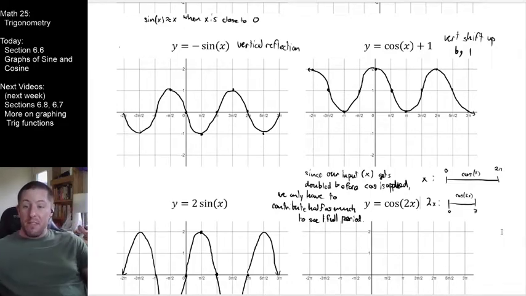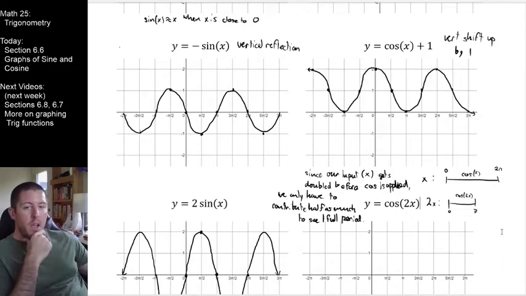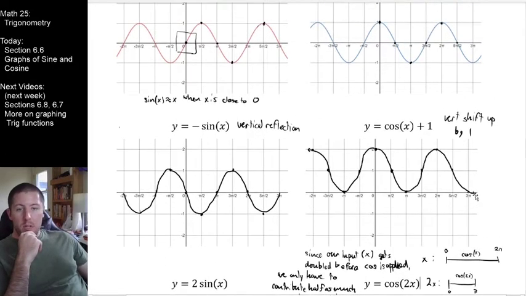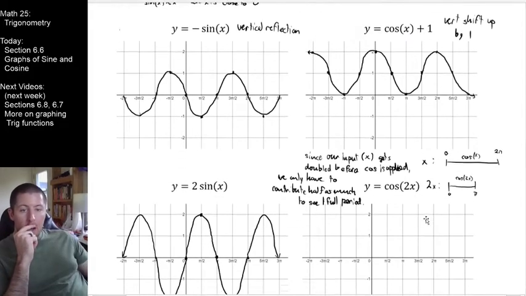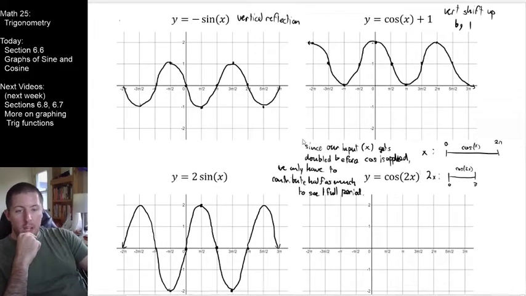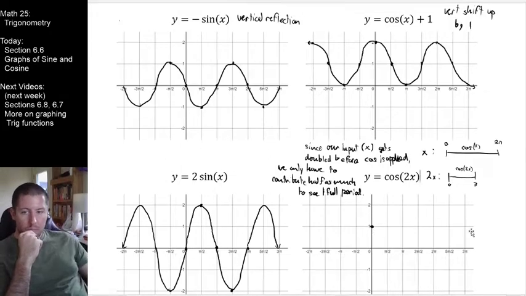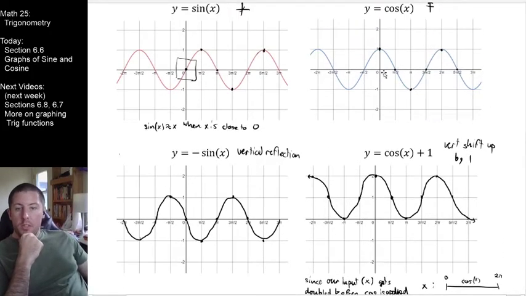So half the input for us is going to be a horizontal compression here. Whereas before on my cosine graph, when I plug in 0, it's still the cosine of 0, and that's still taking me to my height of 1. But we used to have to go all the way to a contribution of pi to get to a height of -1.